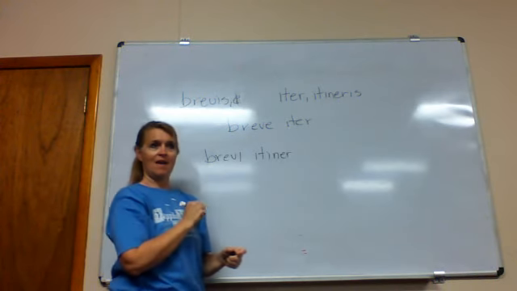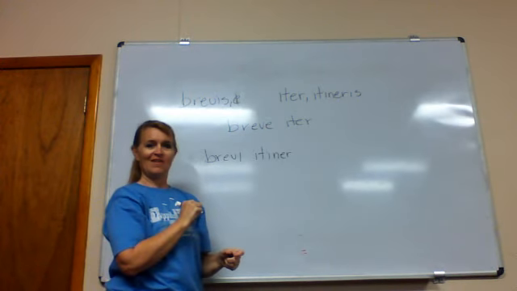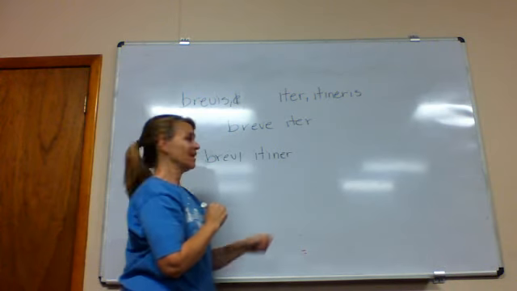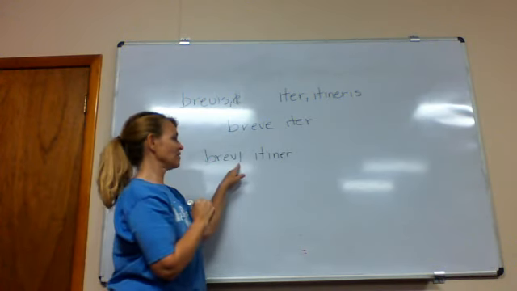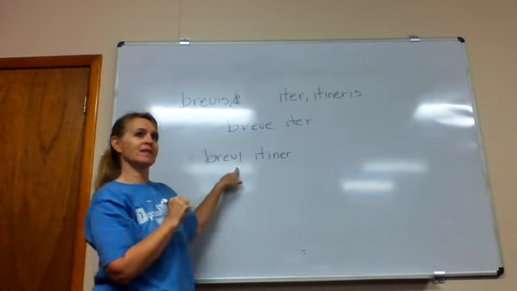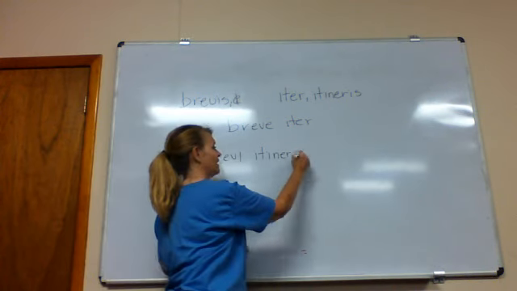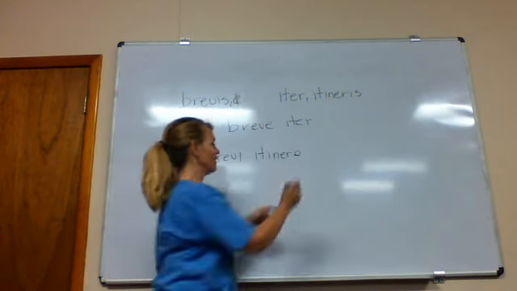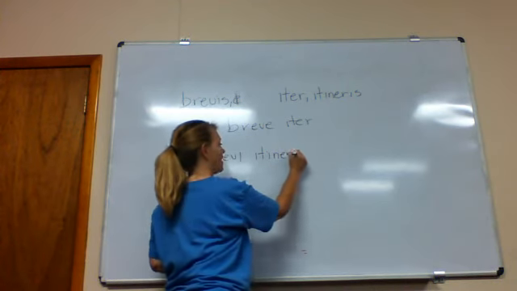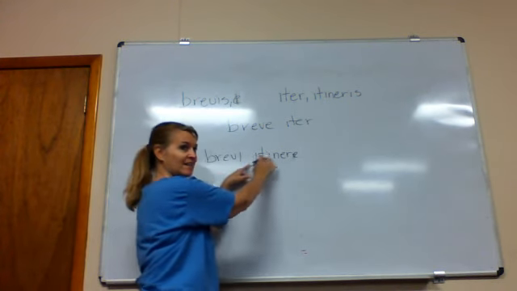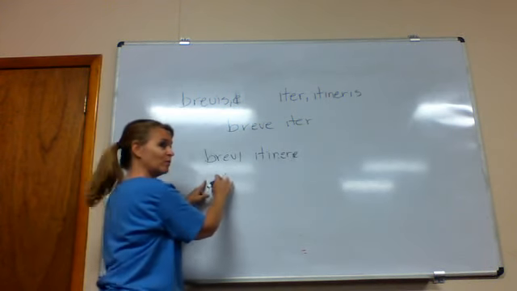Itiner. No, it's I. Remember, ablative singular I only in your adjective. It's the letter E. Itinere. Okay, so we got that. Brevi itinere.